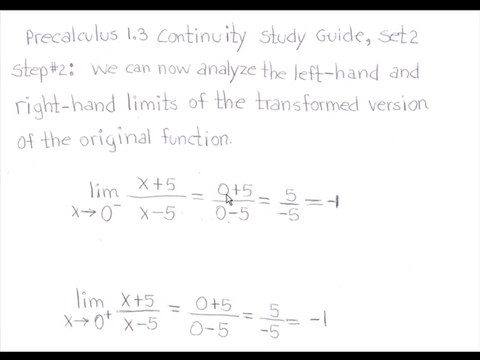So we have 0 plus 5 divided by 0 minus 5. That's equal to 5 divided by negative 5. That's equal to negative 1. So we now know that the limit of x plus 5 divided by x minus 5, as these values approach 0 from the left, is approaching negative 1.